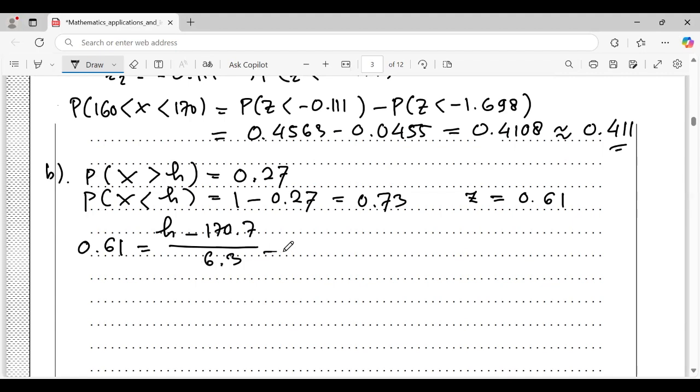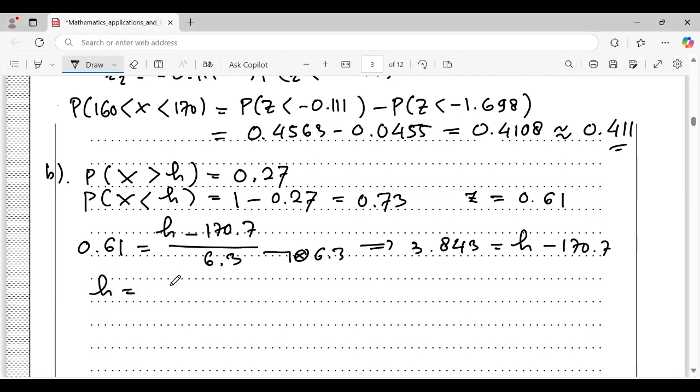And if you calculate 6.3 multiplied by 0.61, the result is 3.843 equals h minus 170.7.